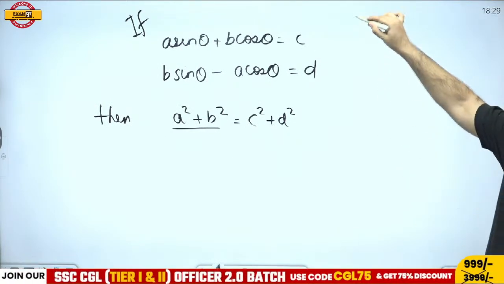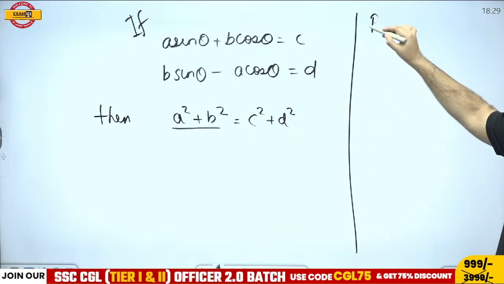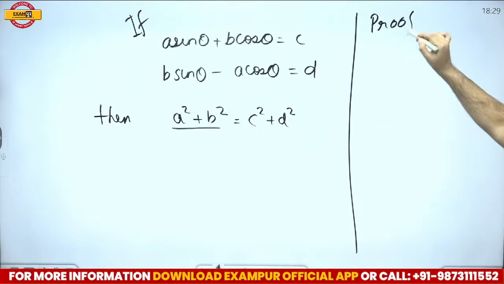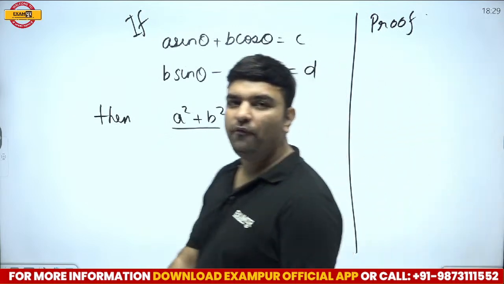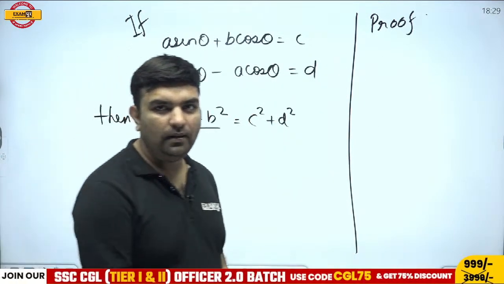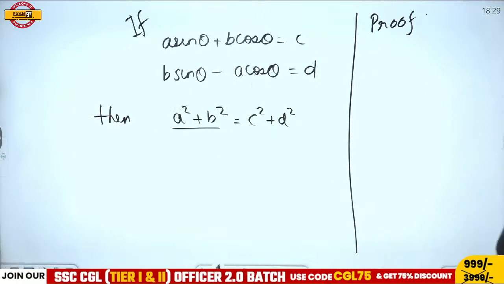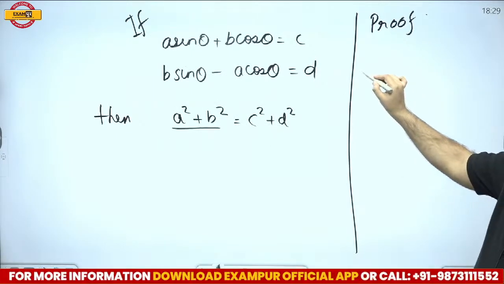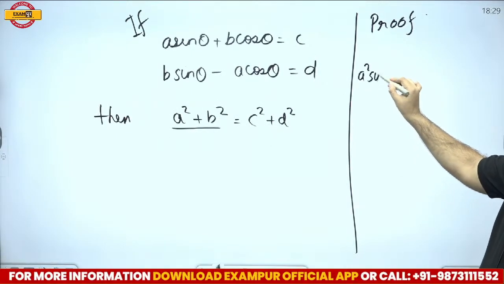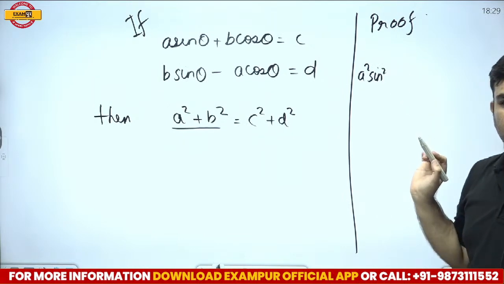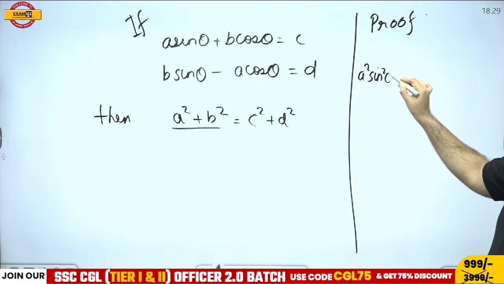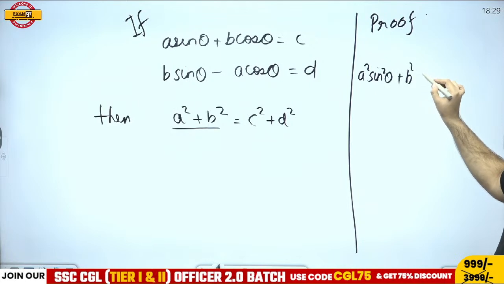What is the proof of it? Very simple. Squaring both equations and adding. A square sine... Are you interested? Okay. Otherwise, I am wasting my energy.